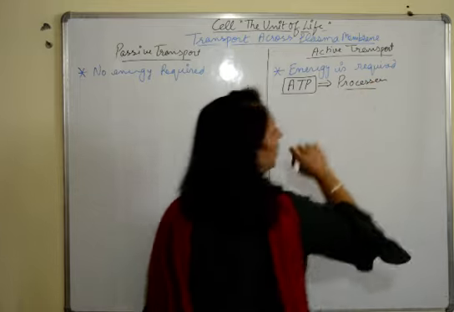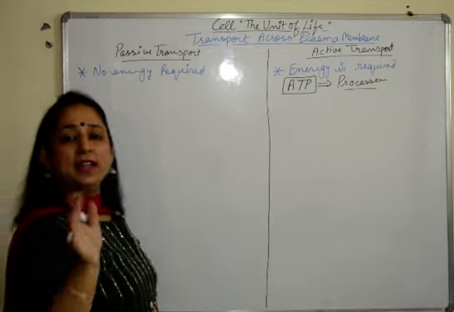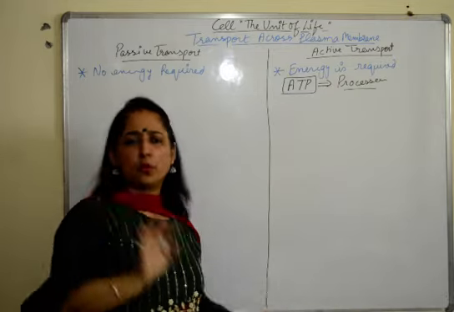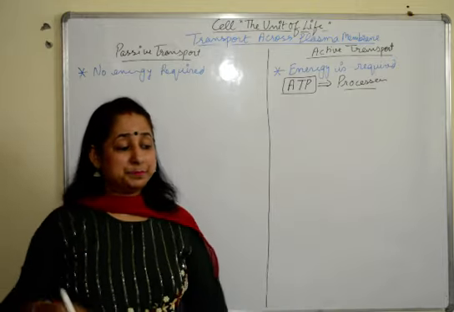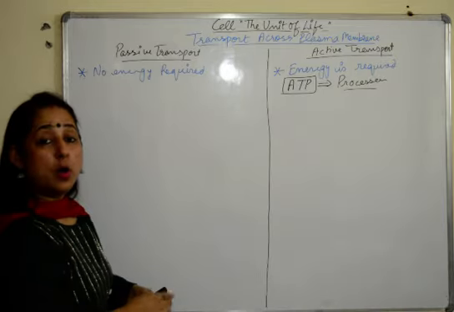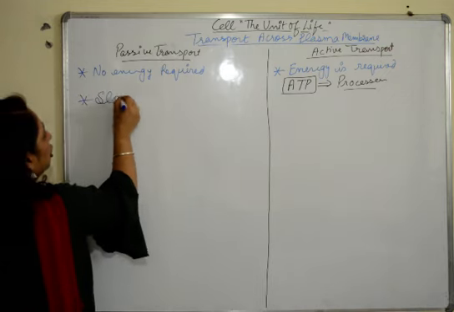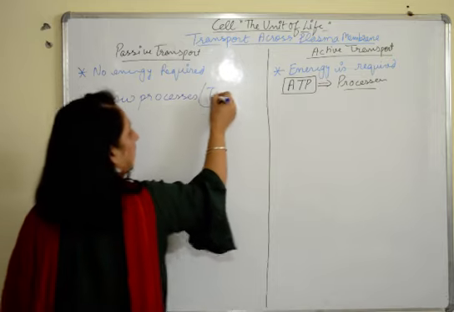Matlab, agar energy is not present, this does not take place. Whereas there is no energy required in passive transport. Passive transport can easily take place, like for example flowing of water from one place to another. No energy is required. Second is, this passive transport is slower as compared to active transport. Slow processes, or you can say takes time.